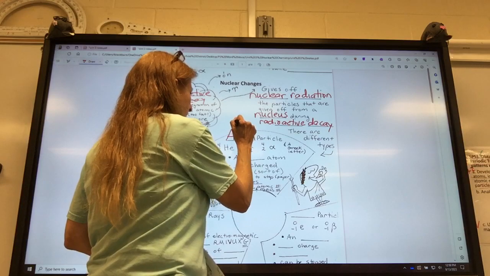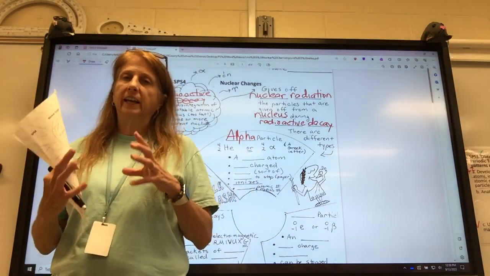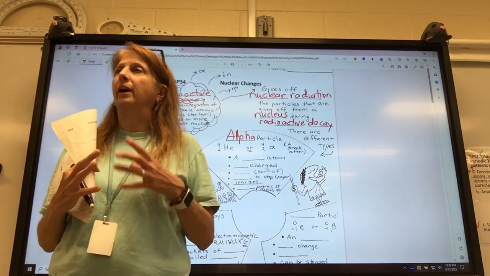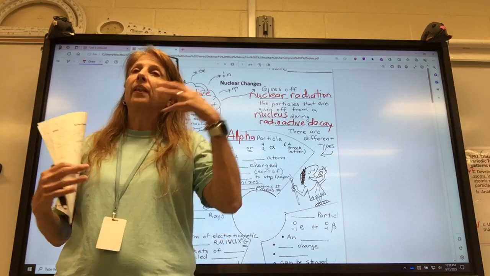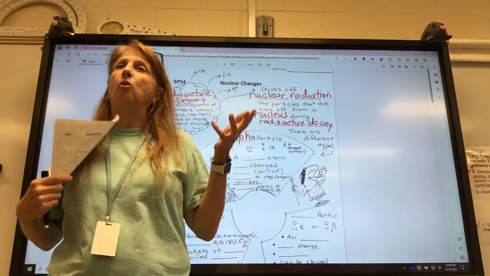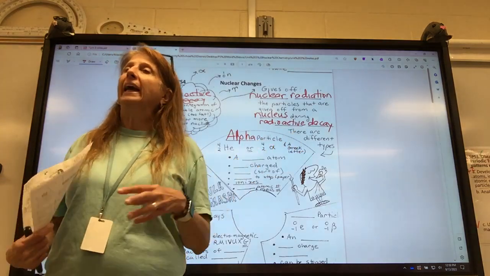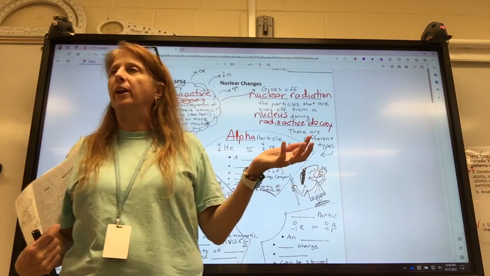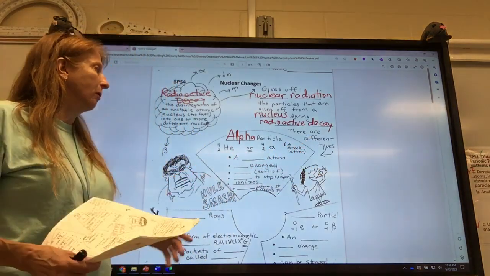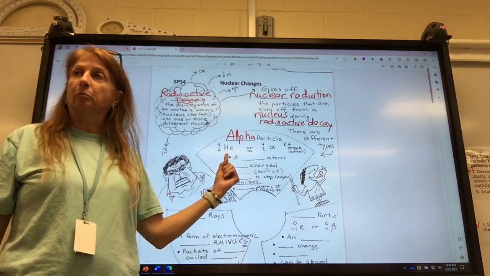Alpha. That's kind of messy. Alpha particle. Now it turns out, a uranium is so big and falling apart that one of the things that can fall out of it is a whole other atom. Helium can come out of a radioactive element when it's falling apart. You know already this is the symbol for helium, right?